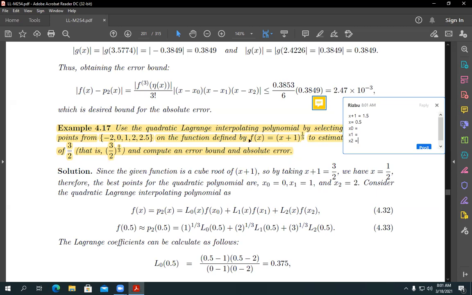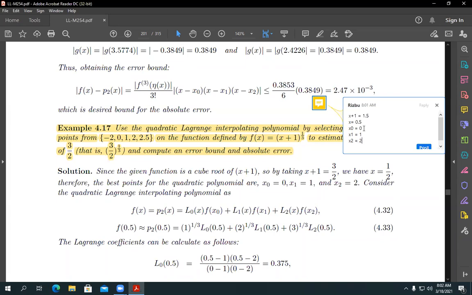You have to select such 3 points because we are given 5 points here. You have to select the best 3 points, which should be close to each other, and the interpolating point x equal to 0.5 must be inside. So the best points you can choose are 0, 1, and 2 here. So these are the information.